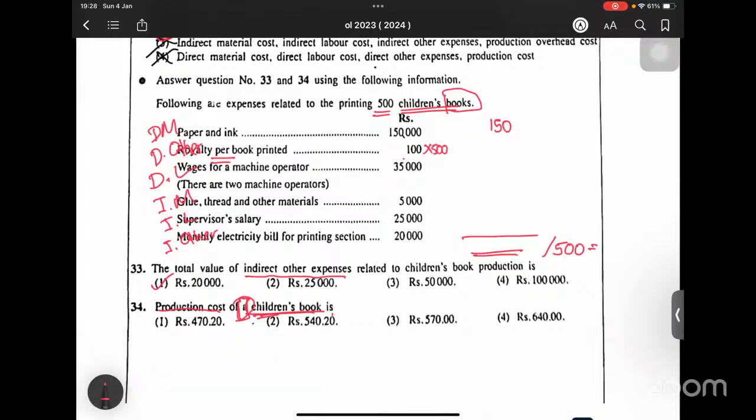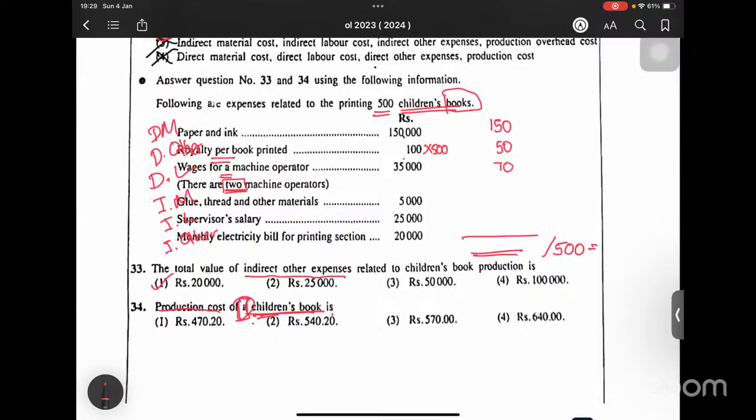How much is it? 50,000. Wages for a machine operator. Here they have given a machine operator, and here also in brackets they have given 2 machine operators. So for one machine operator it is 35,000 and here there are 2 machine operators, so it is 70,000.